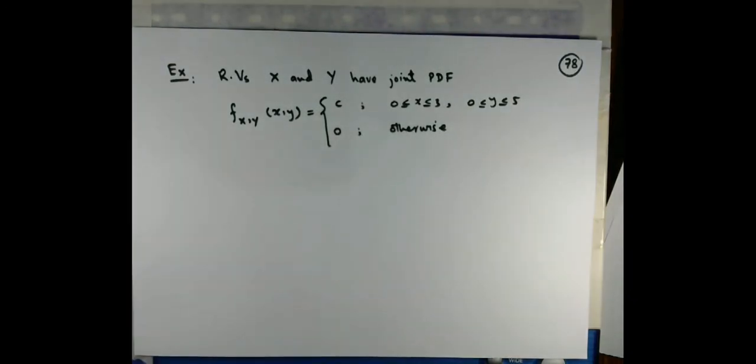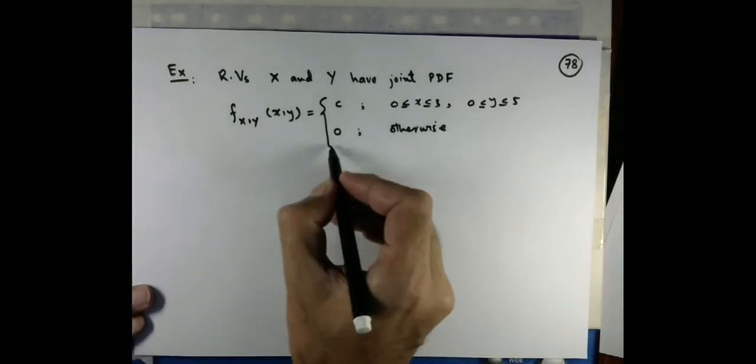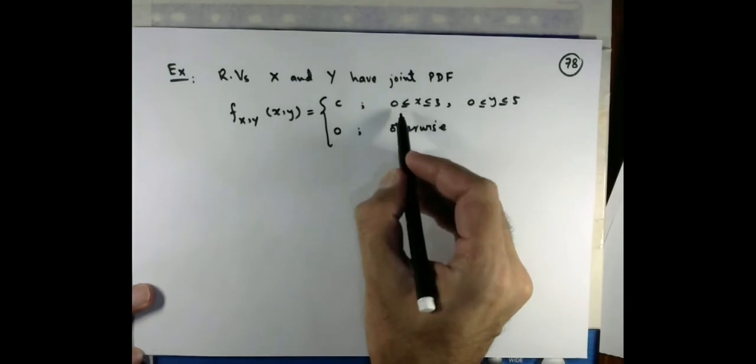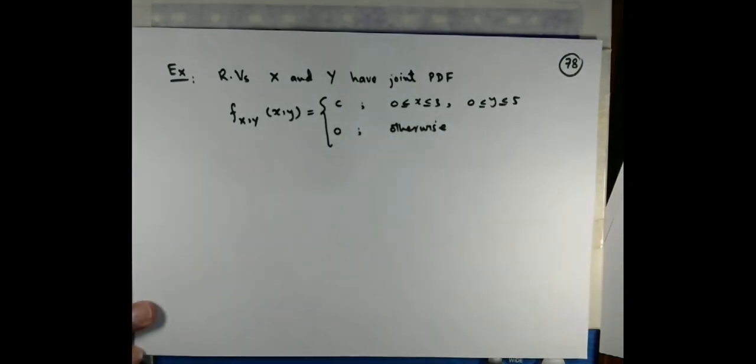So we have a joint distribution of two random variables x and y, and that joint distribution is a constant in this particular range. So it is a kind of joint uniform distribution.